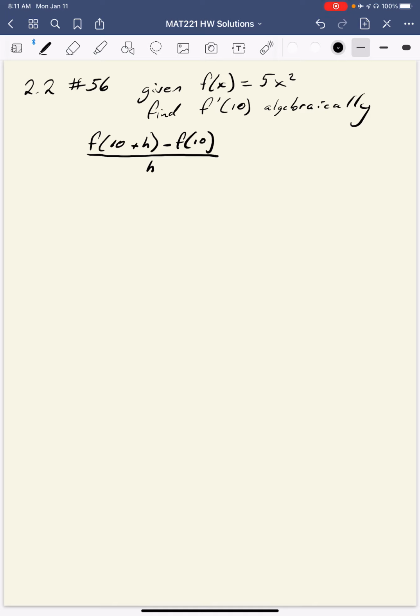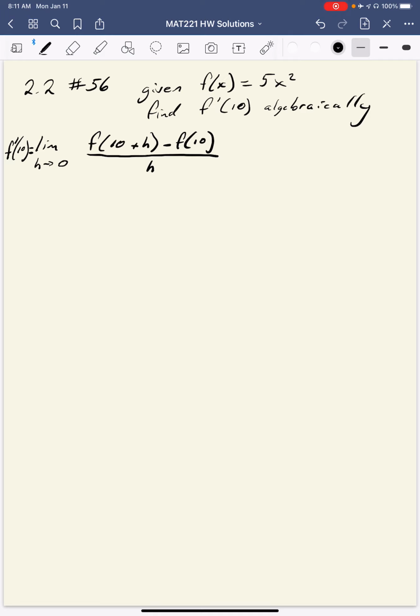And because I want the instantaneous rate of change, I need to take the limit of all of that as h approaches 0. So in other words, as that space between the inputs gets smaller and smaller and smaller. And all of this is going to give me the derivative of the function at x equals 10. So I'm going to squeeze that in there like that.